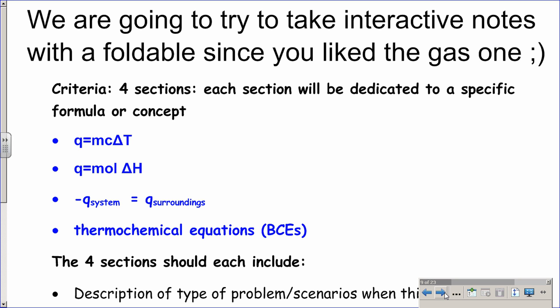Okay, your foldable will be folded in with 4 flaps, and I'll show you how to do that in just a second. Oh, we're going to pass these out.